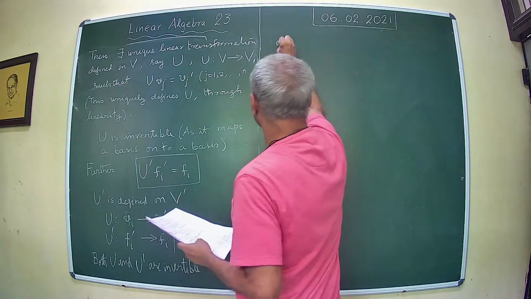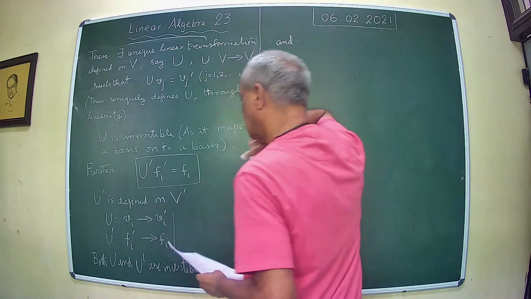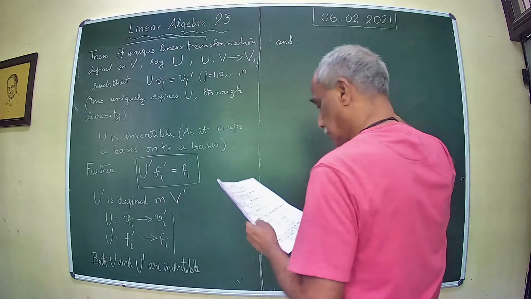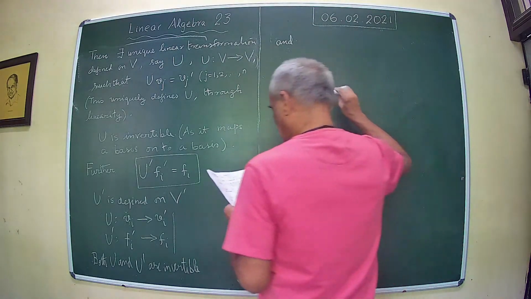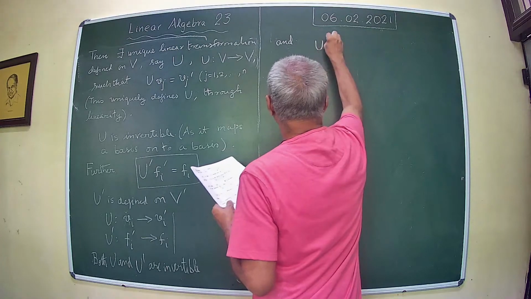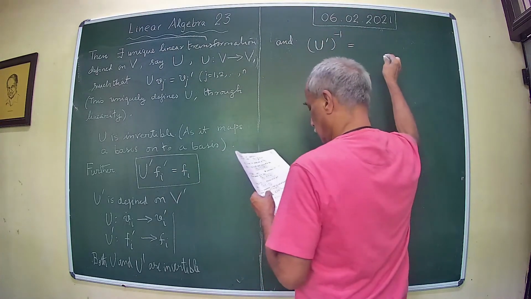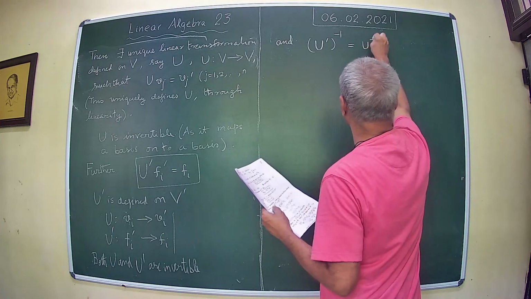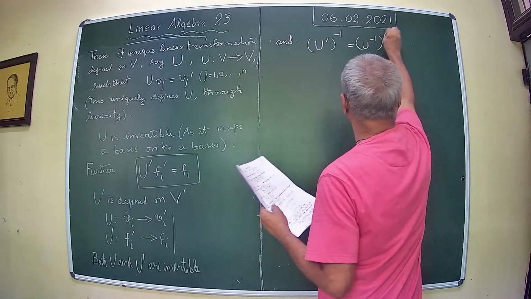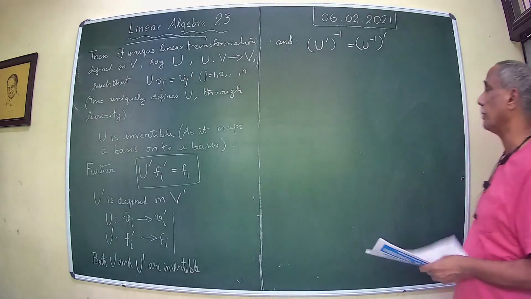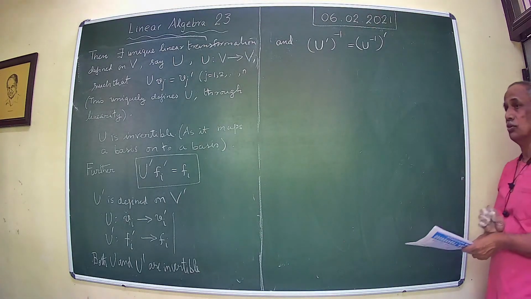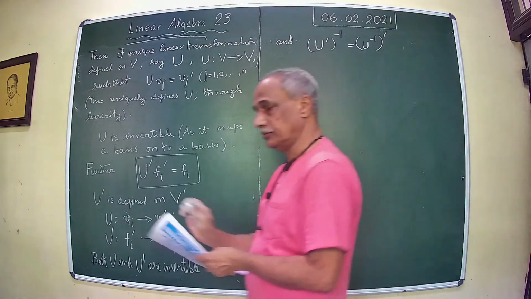And we also have U prime inverse equal to U inverse prime. So the prime operation corresponds to what is called the transposition.